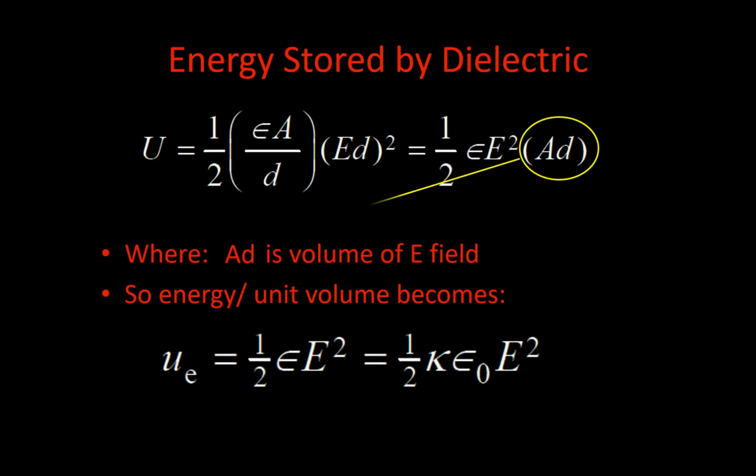And what this means is AD here is the volume of the electric field. So the total amount of energy stored in our capacitor will become 1/2 epsilon E squared, or 1/2 K times epsilon 0 E squared.